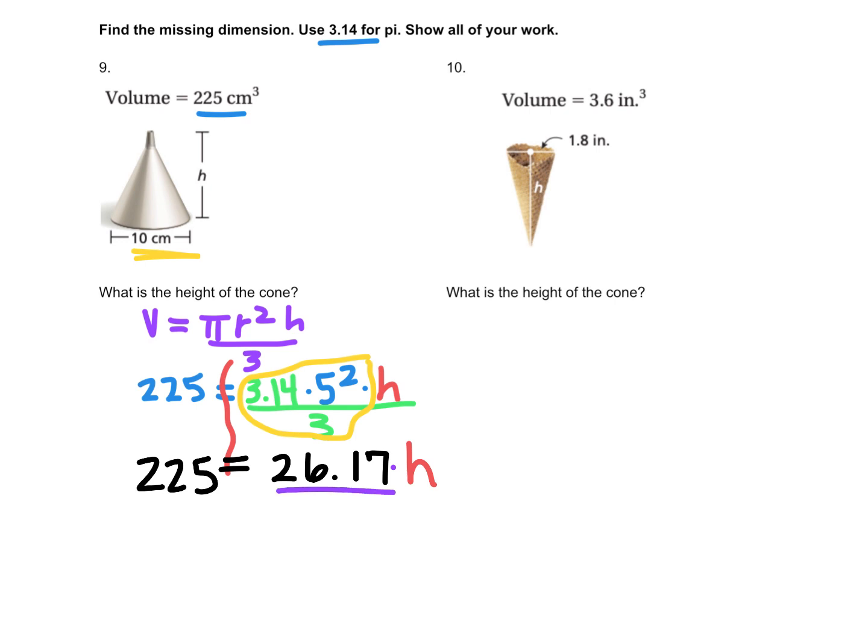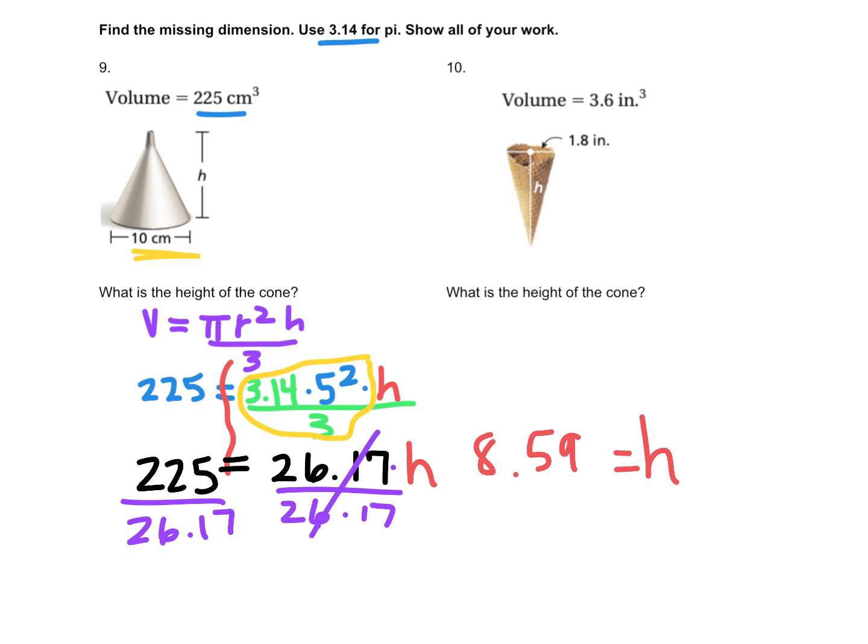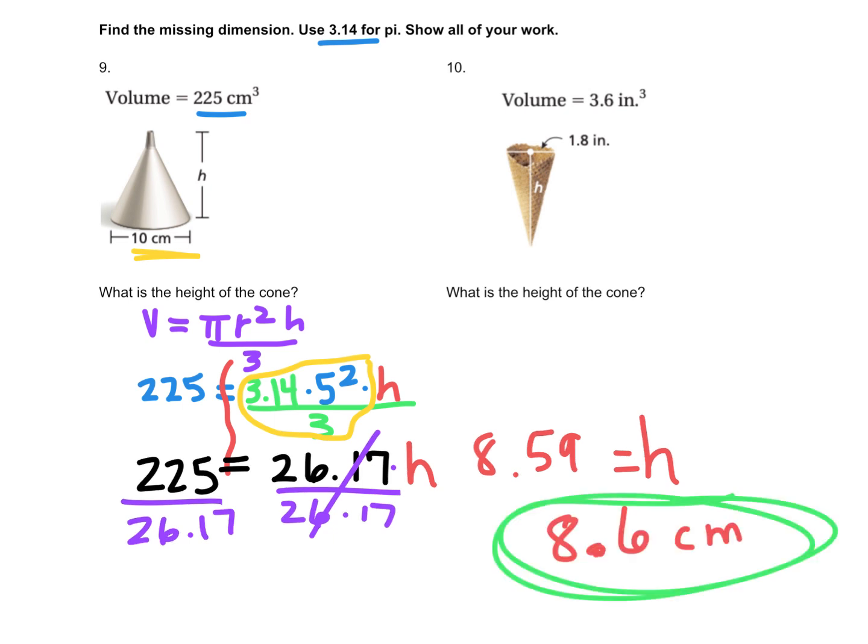So I'm going to divide both sides by 26.17 to get h by itself. Okay, so 225 divided by 26.17, and that leaves me with 8.59, or about 8.6 for our height. Okay, and that's reasonable, 8.6 here, looking at the dimensions that I have.